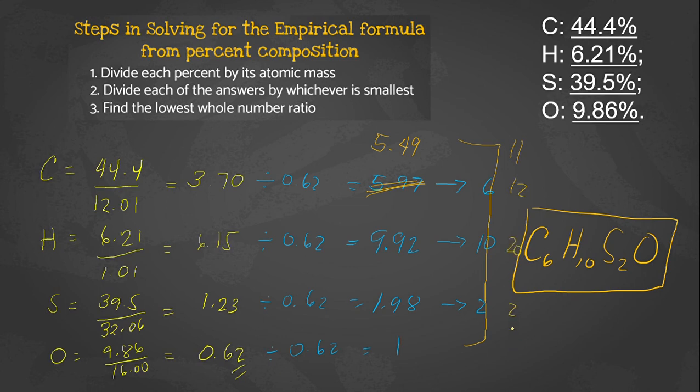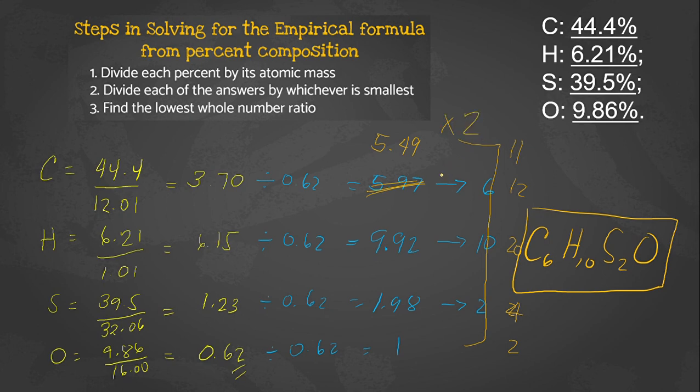Ito ay magiging 4. At ito ay magiging 2. Okay? So, ganun yung gagawin natin in case na maka-encounter tayo ng sagot na hindi mo kagad pwedeng i-round off kasi medyo malayo. Kailangan mo siyang gawa ng paraan para maging whole number. So, we can do this by multiplying everything by 2.